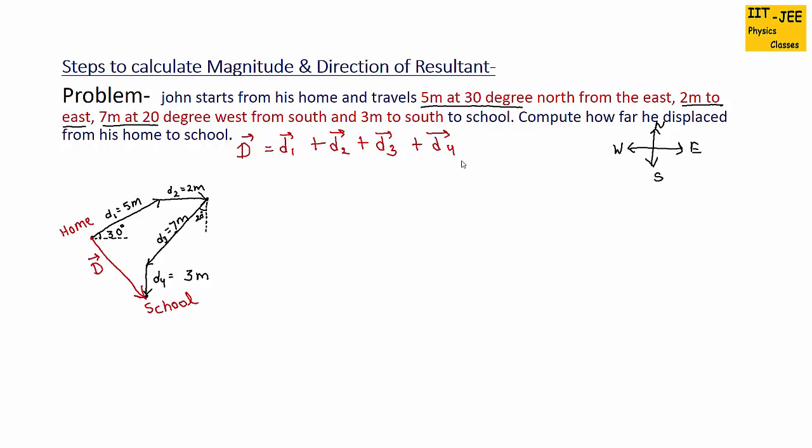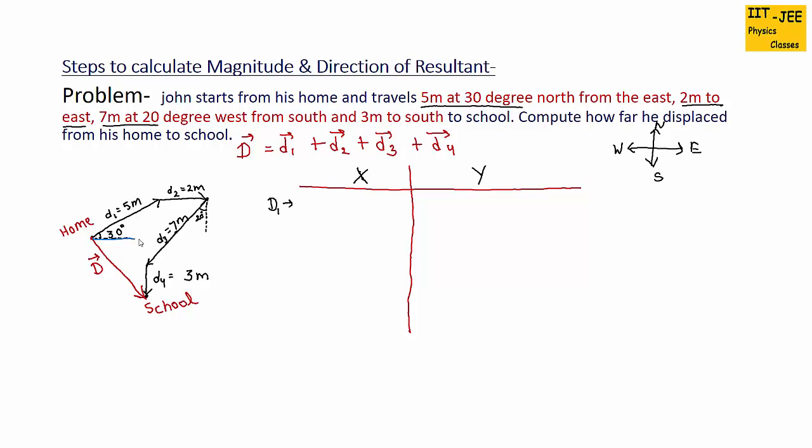These all are vectors, so we need to use vector component method. So for that, step 1, we need to resolve each vector into horizontal and vertical components, or you can say X and Y components. So let's make a table for that. Here we will put X components and here Y components. So first of all, D1.